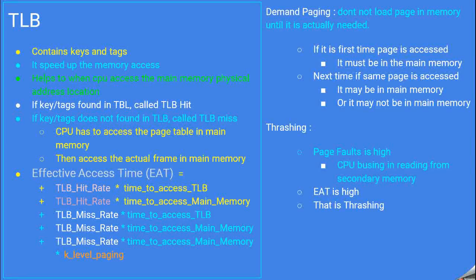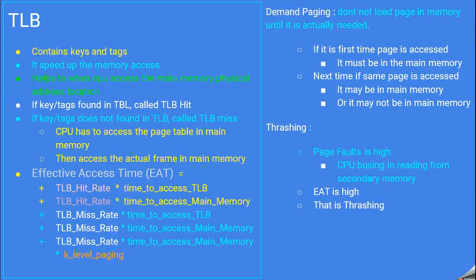TLB. TLB contains the keys and tags. It speeds up memory access. It helps when the CPU accesses the main memory. If the keys and tags are found in the TLB, it is called a TLB hit, and they can be accessed directly without going to the page table. But if these keys or tags are not in the TLB, it is called a TLB miss.